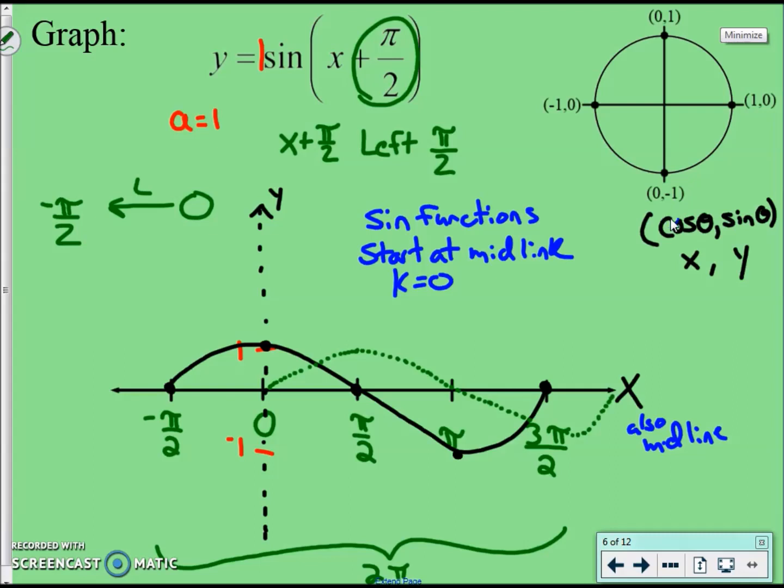As you can see here, I have moved negative pi over 2 radians. This being y equals sine of x. Okay? So again, we shifted it left, negative pi over 2 radians.